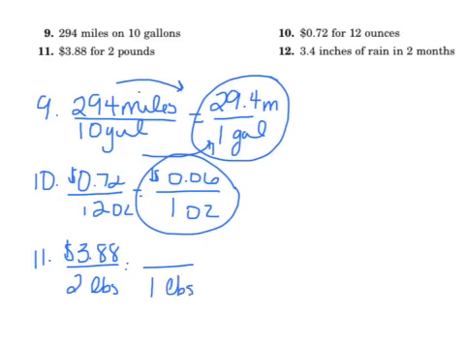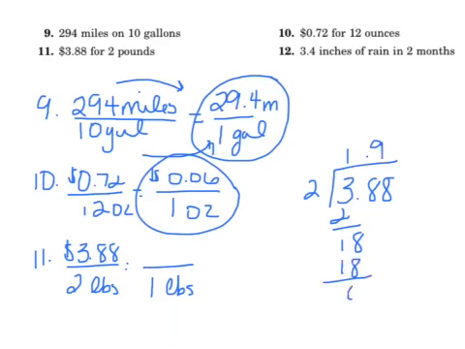I'm going to come over here and I'm going to go ahead and divide. So 388 divided by 2, pull that decimal up. We get 1. That goes in there 9 times, which is 18. Subtract, we get 0. Bring that down. So I get $1.94. So it's $1.94 per pound.